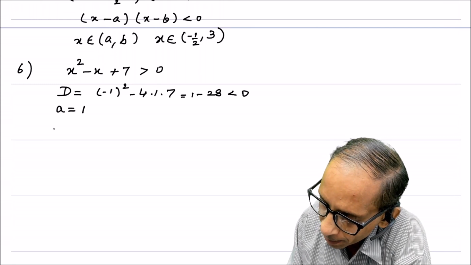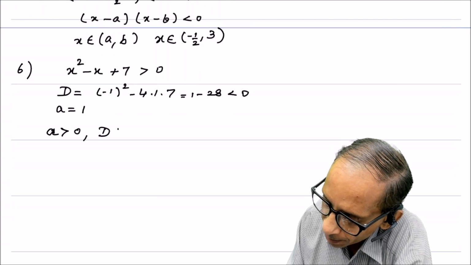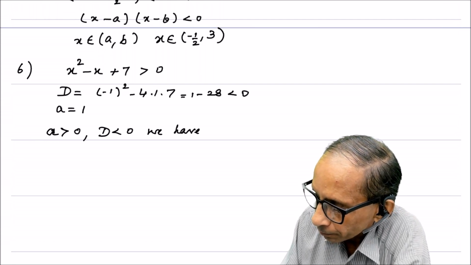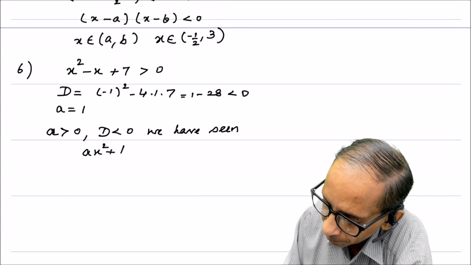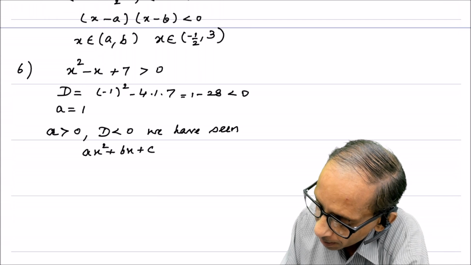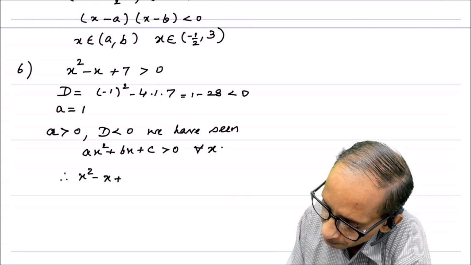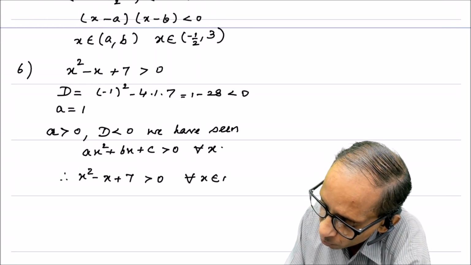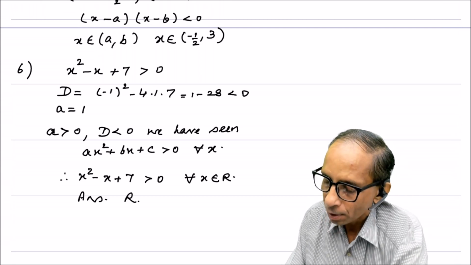So when a is positive and the discriminant is negative, we have seen ax square plus bx plus c will be greater than 0 for all x. Therefore, x square minus x plus 7 will be greater than 0 for all x belongs to reals. So the answer is the solution set is whole of reals.